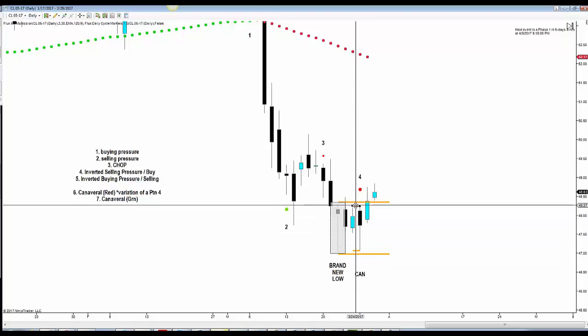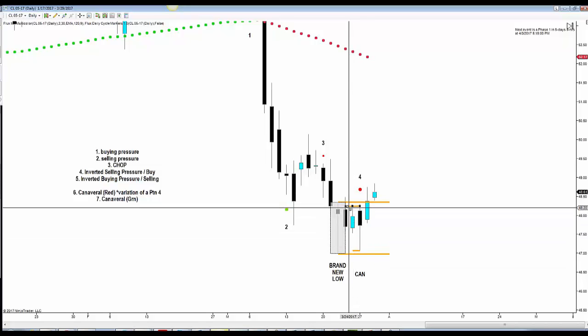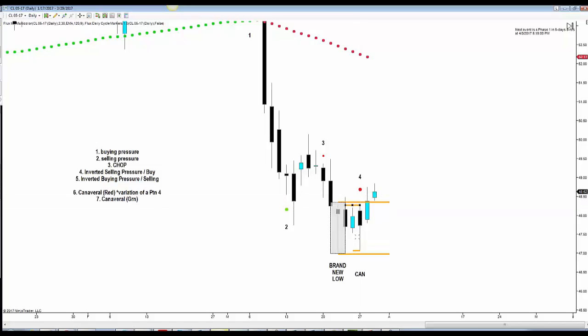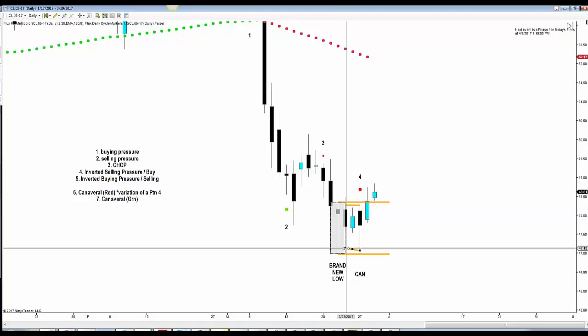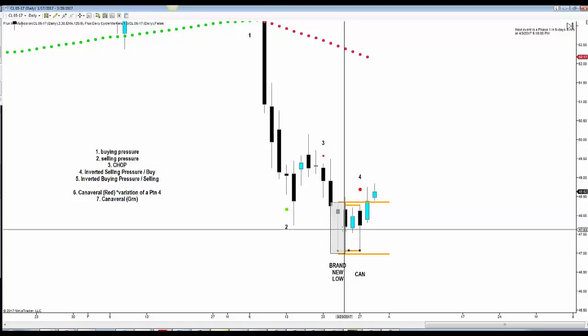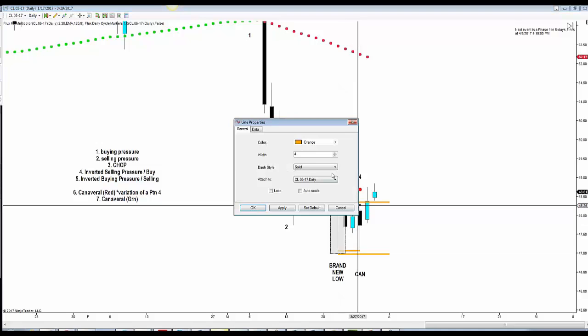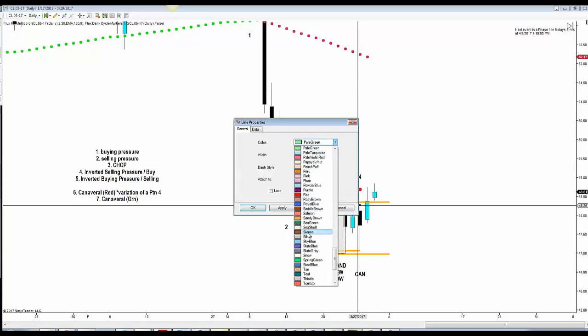That is to say, the high and low of the pattern candle, the exact selling pressure candle. Derek, do you see how it fits inside of the high and low of the brand new low candle here? I'm going to give it a different color so it pops out.